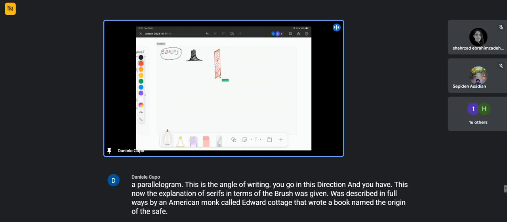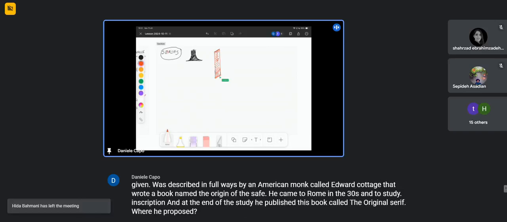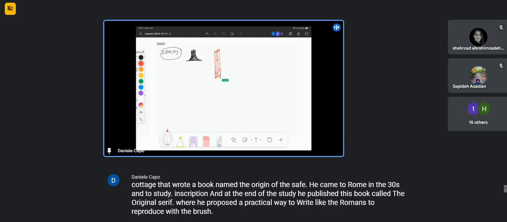He came to Rome in the 30s to study inscriptions, and at the end of this study he published this book, where he proposed a practical way to write like the Romans, to reproduce with the brush the appearance of Roman capitals.